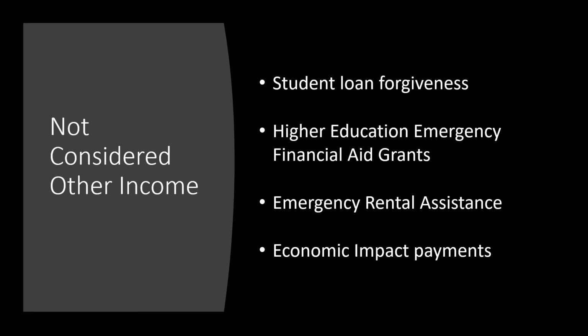They are excludable. Emergency rental assistance is excludable to the renter, and the economic impact payments that we've been getting are also excludable. They are not considered other income.